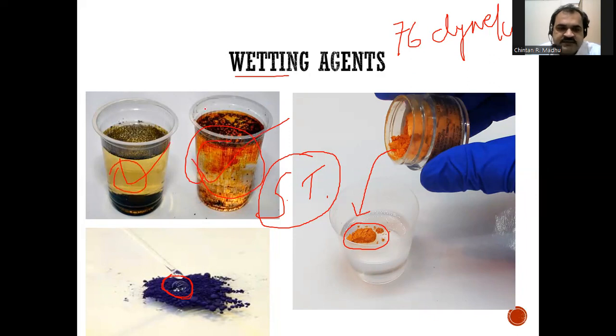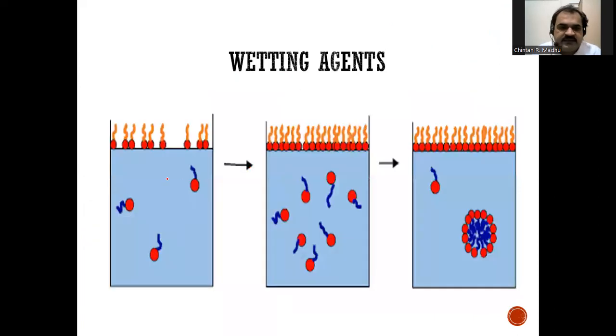And this second glass is showing the function of the wetting agent. The wetting agent will reduce the surface tension of your water, and due to this, the dye particles can disperse in each and every zone. So let's see how they do it.